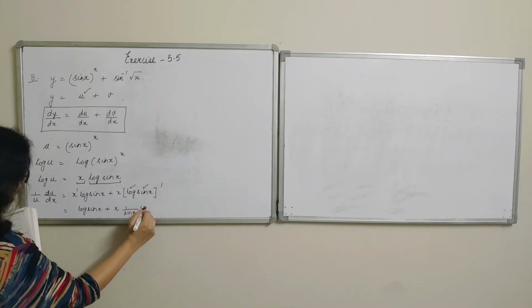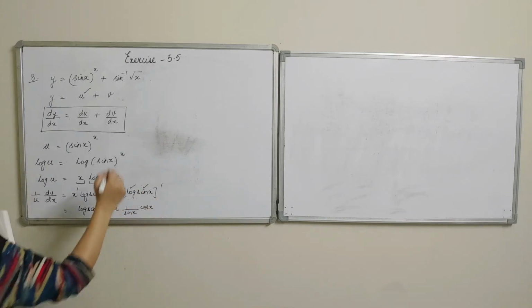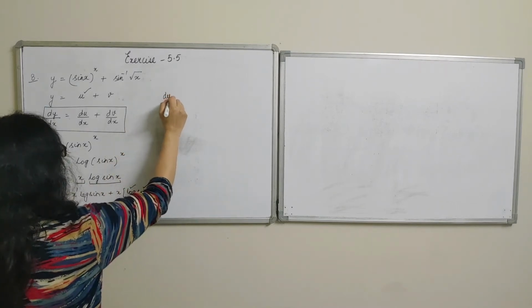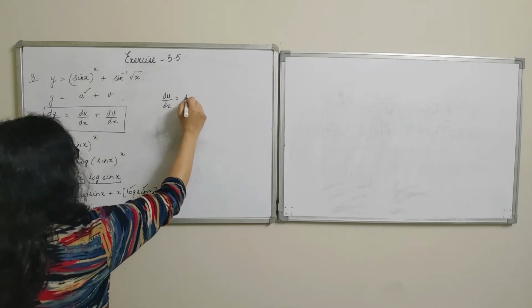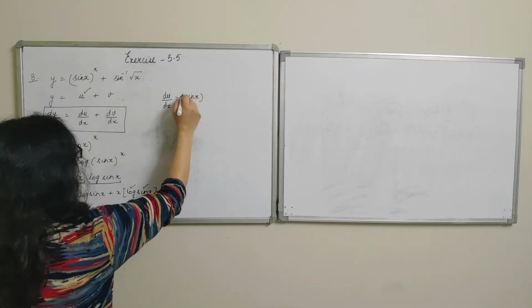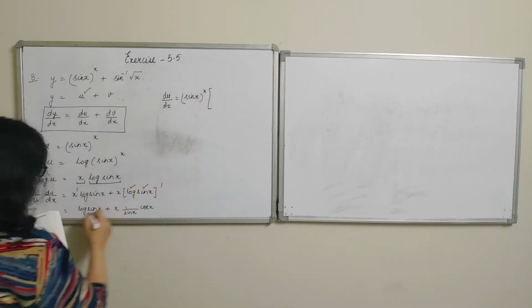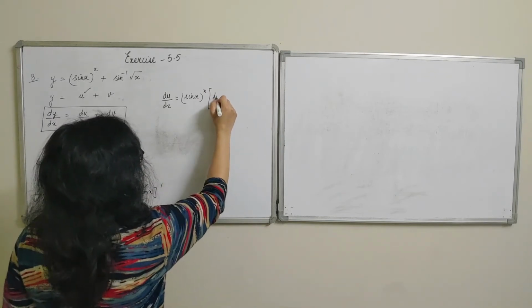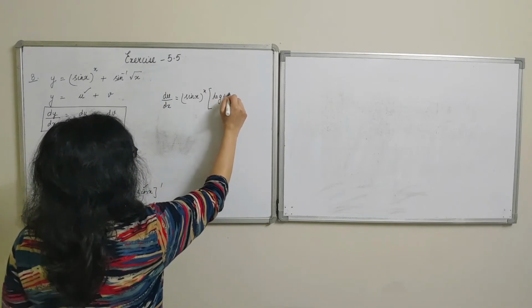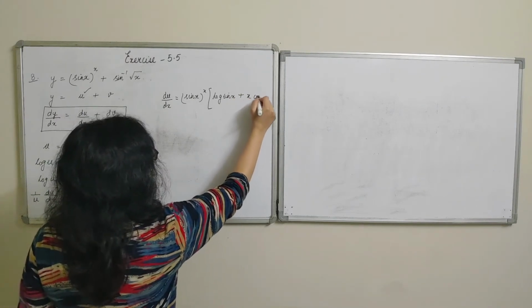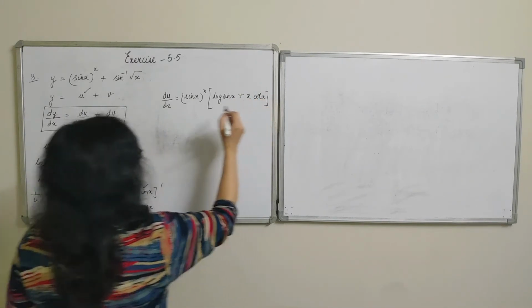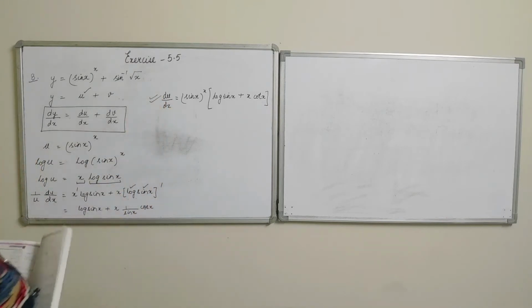Differentiating sine, we get cos x. So what is du by dx that we obtain? That is u times this expression, which is log sin x plus x cot x. So du by dx is obtained.